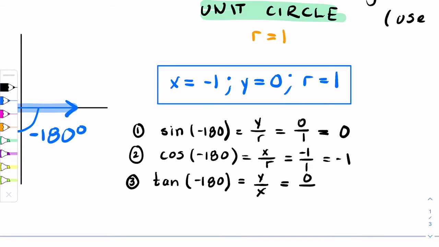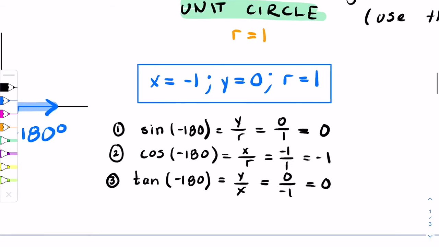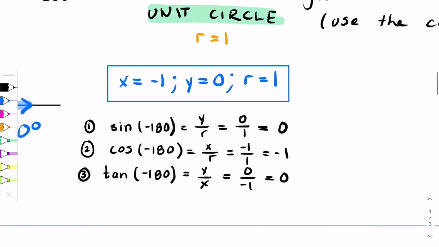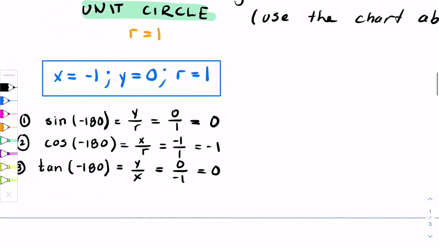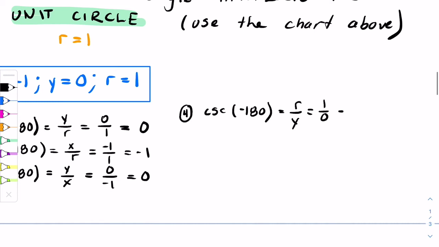This is 0 over negative 1, or 0. The fourth trig function is your cosecant function. Cosecant of negative 180 is r over y, or 1 over 0. 1 over 0 is undefined. You can never have 0 as a denominator.